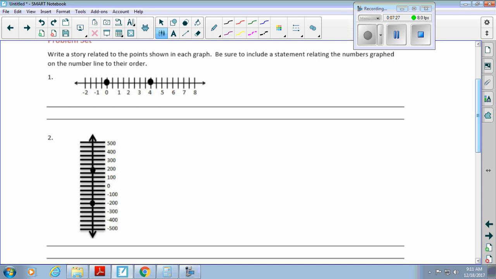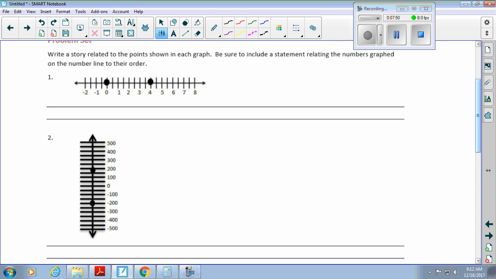In actuality, what are they jumping by each time in example 1? Timothy? Half. Very good. Even though they only chose to label every other one because it would look like a chaotic mess on their number line, they are really only jumping by half.